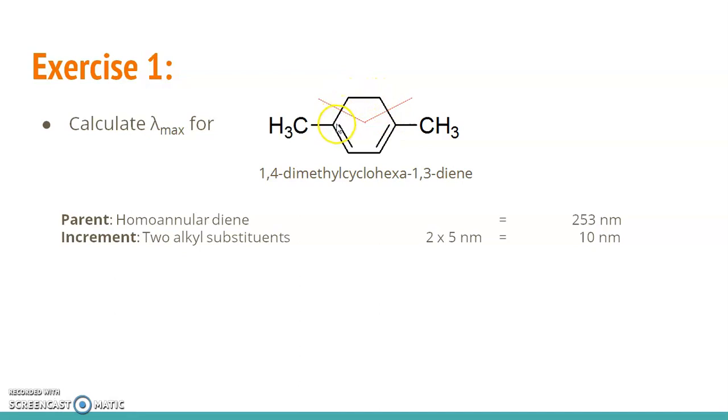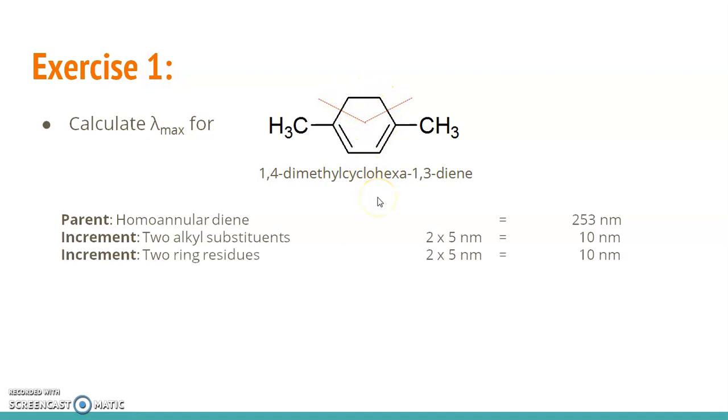I repeat, any bond attached to a double-bond carbon atom that is a part of the ring system, we call it a ring residue. So how many ring residues do we have? One here, and this carbon atom is having one ring residue here because this single bond is a part of the ring system.